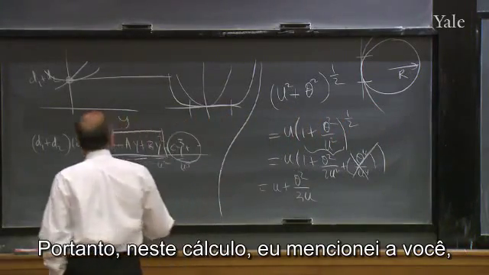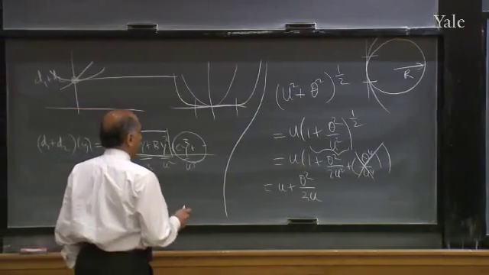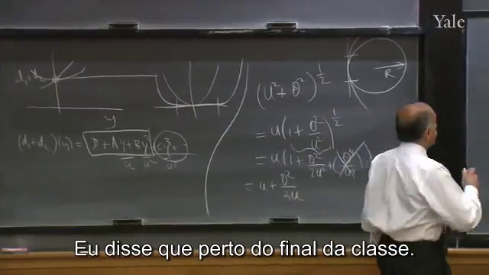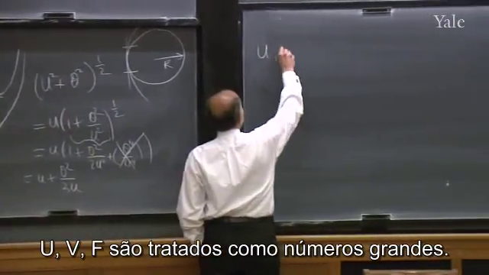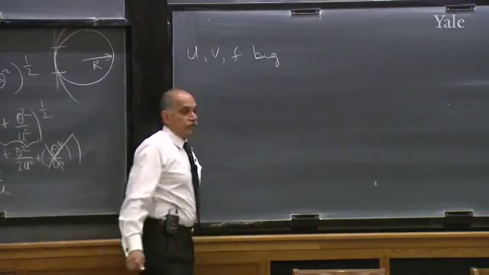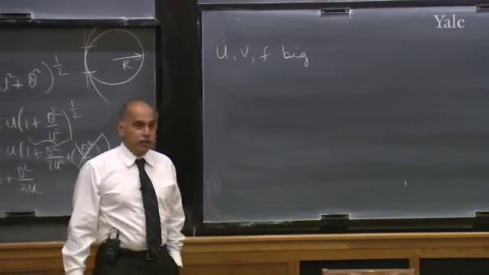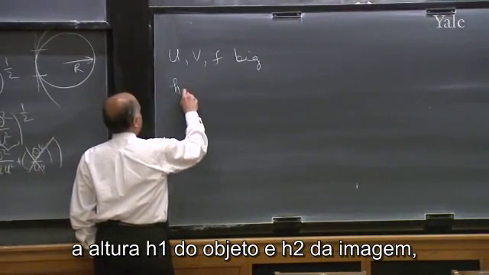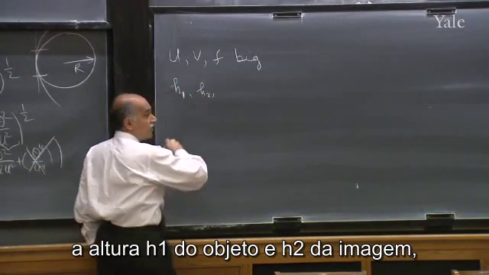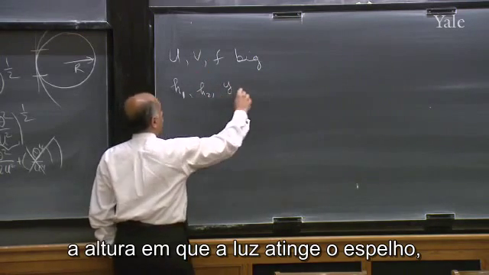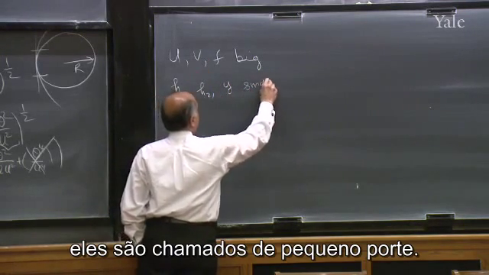So in this calculation, I mentioned to you, some numbers are big and some numbers are small. I said that near the end of the class. U, V, F are treated as big numbers. Compared to that, the height h1 of the object, height h2 of the image, and y, the height at which the light hits the mirror, are called small.